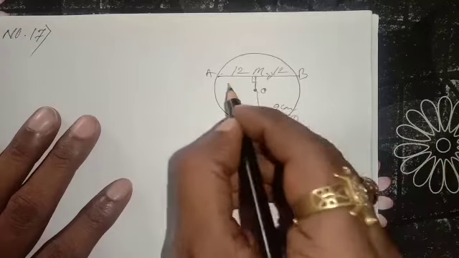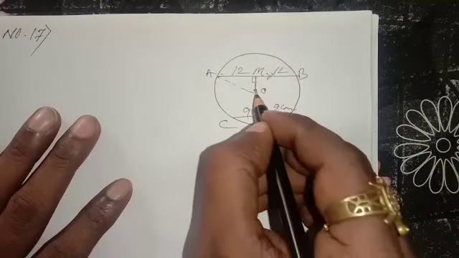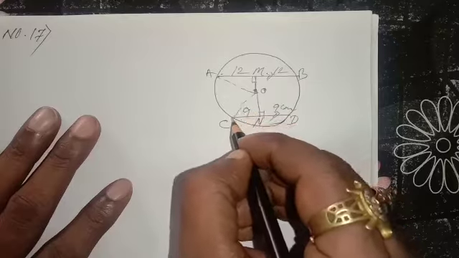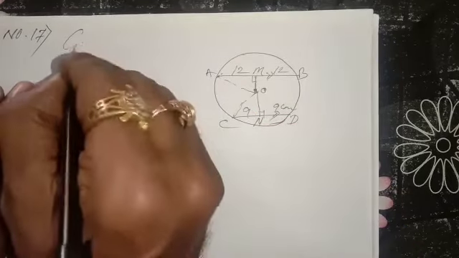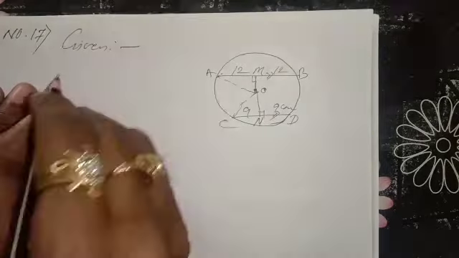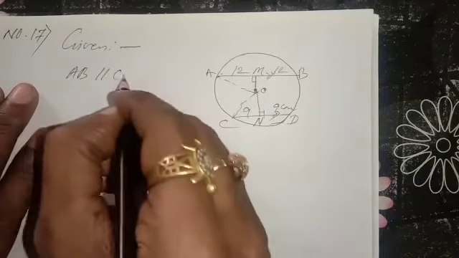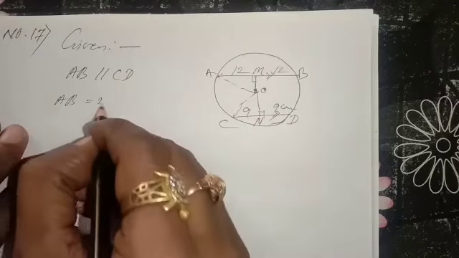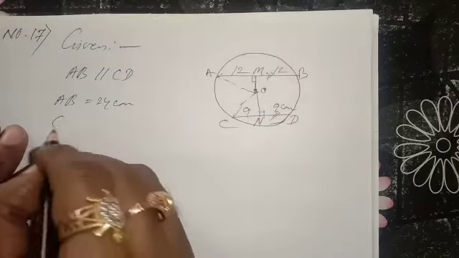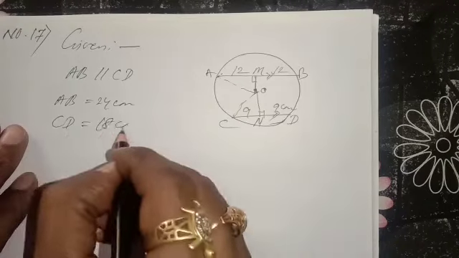You have to join with center. The first one, what is given, you write. Given: AB parallel to CD, and AB is equal to 24 centimeter, CD equal to 18 centimeter.